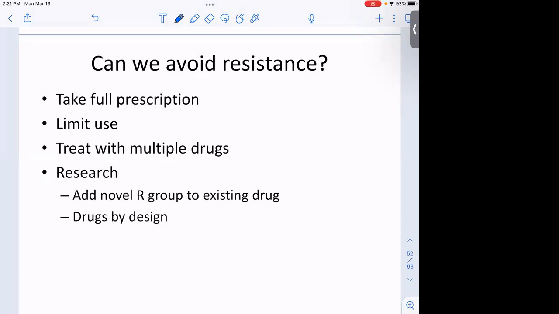We often treat serious infections with several drugs, so that in case the bacteria might become a little resistant to one, we would have another one that worked a different way to knock it out. And of course, there's lots of research going on to try to extend the life of drugs that we have by maybe just monkeying with a side chain or another, or designing drugs to work against just one specific thing that one bacteria has.